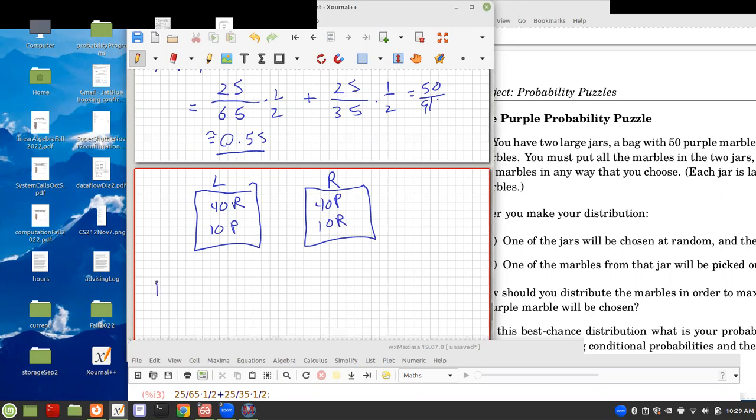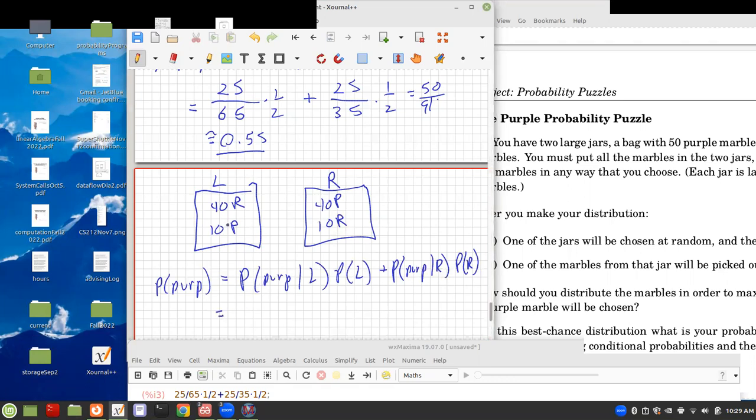Well, the probability of purple is going to equal the probability of purple, given that it's on the left, times the probability left, plus the probability of purple on the right times the probability it's on the right. Well, what's the probability that it's purple given it's on the left?